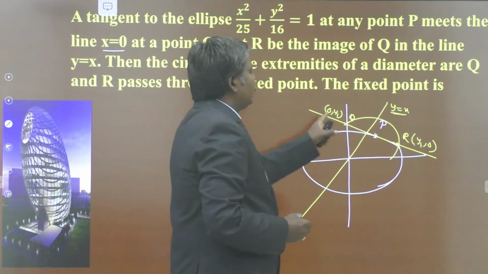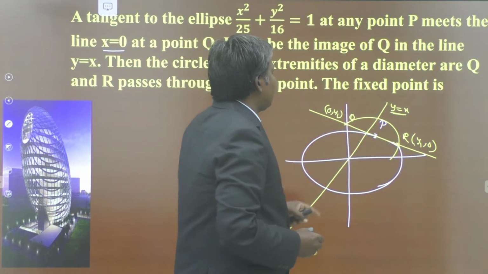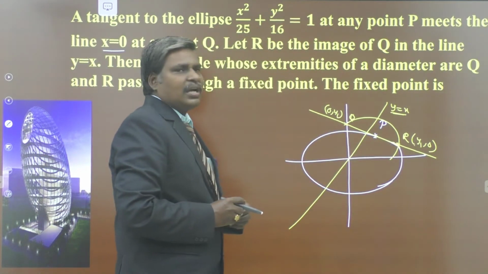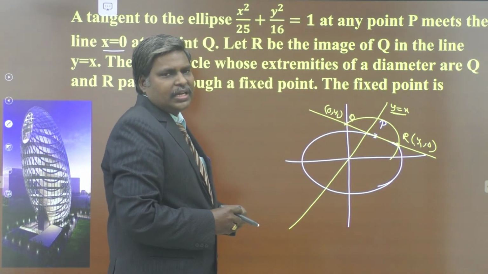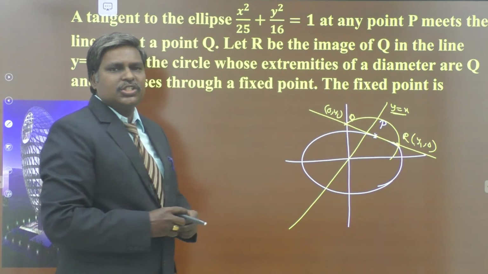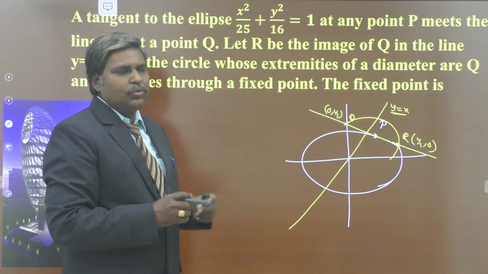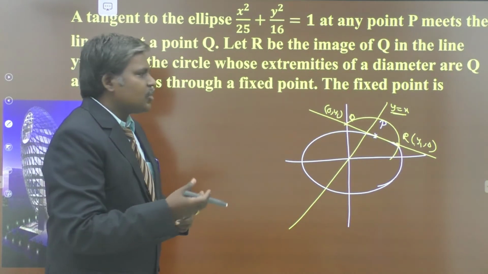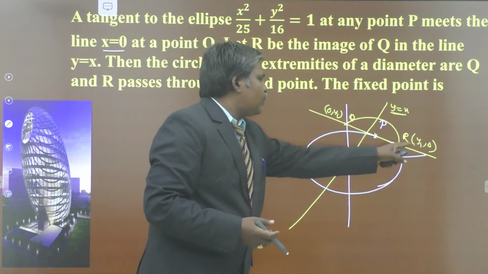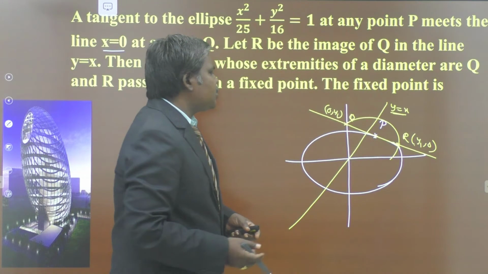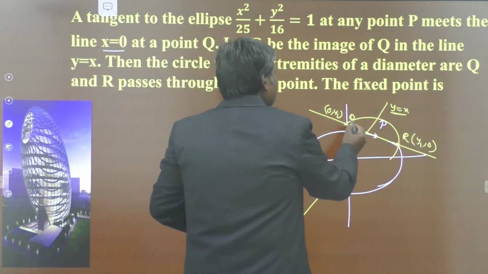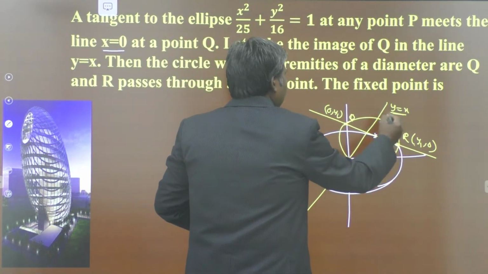By taking the equation of the circle on (0, y1) and (y1, 0) as diameter, its constant must be 0. The equation is (x minus x1)(x minus x2) plus (y minus y1)(y minus y2), where x1 x2 plus y1 y2 is 0 into y1 plus y1 into 0, that becomes 0. That means the circle always passes through the origin. So the fixed point is the origin.